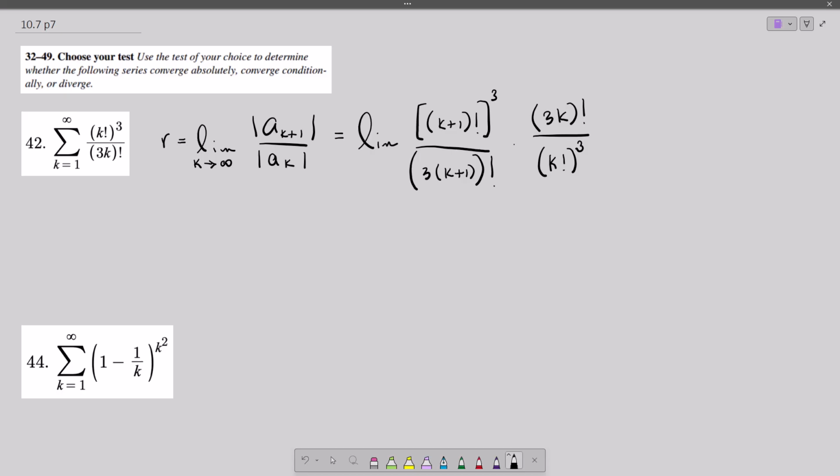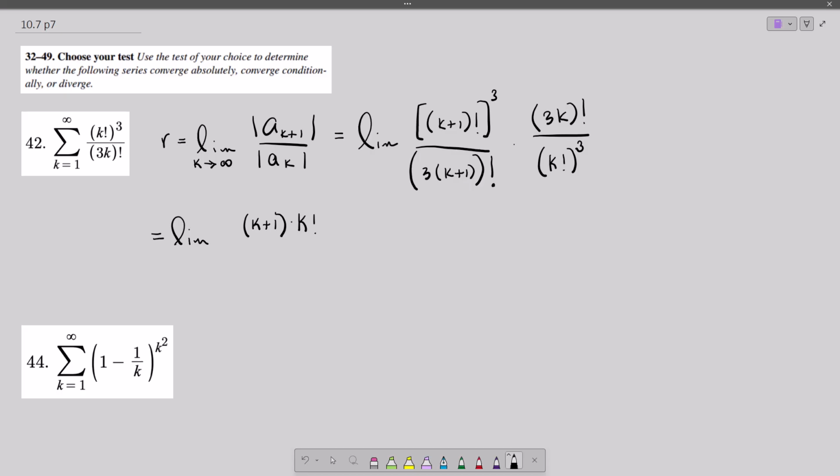All right, so let's carefully expand everything that we can expand and then cancel what we can cancel. Up here, we have k plus 1 factorial, and we know that k plus 1 factorial is k plus 1 multiplied by k factorial.